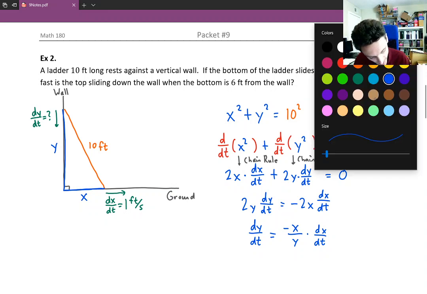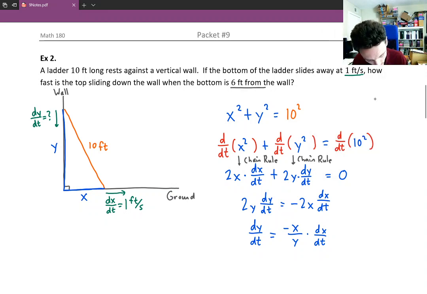So let's translate that. 6 feet from the wall translates to x equals 6. Right, x equals 6 feet. So the 1 foot per second, let me just write that in there, is dx dt. And then the x value is 6 feet.